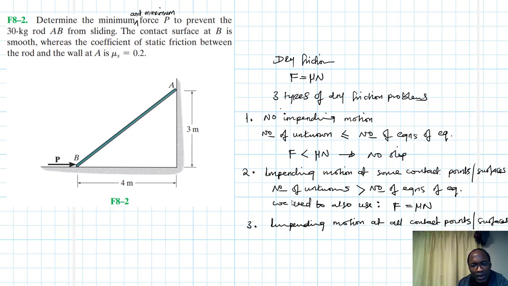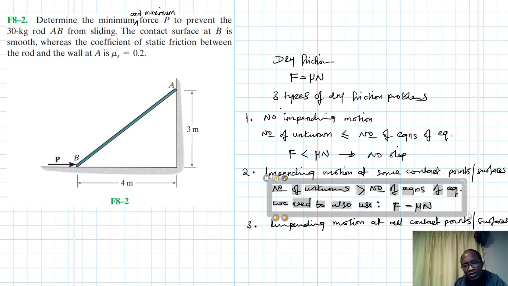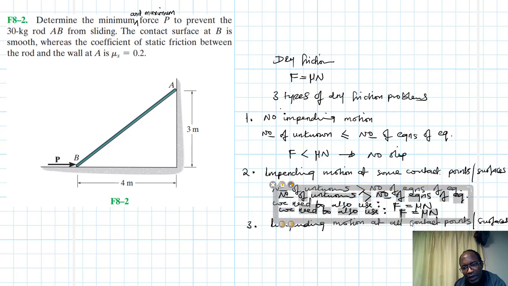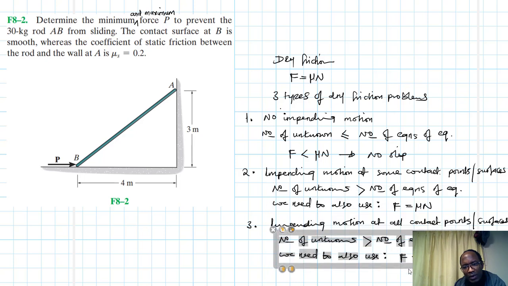In this particular case, these conditions also apply. The number of unknowns is greater than the number of equations of equilibrium, and therefore we need to use F equal to mu N.